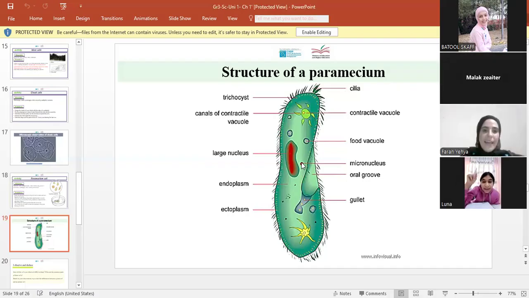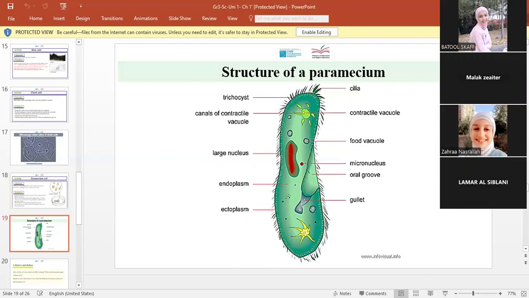Yes, Malak. The common parts of cells are the cytoplasmic membrane, the nucleus, and the cytoplasm. Excellent. They are only three.